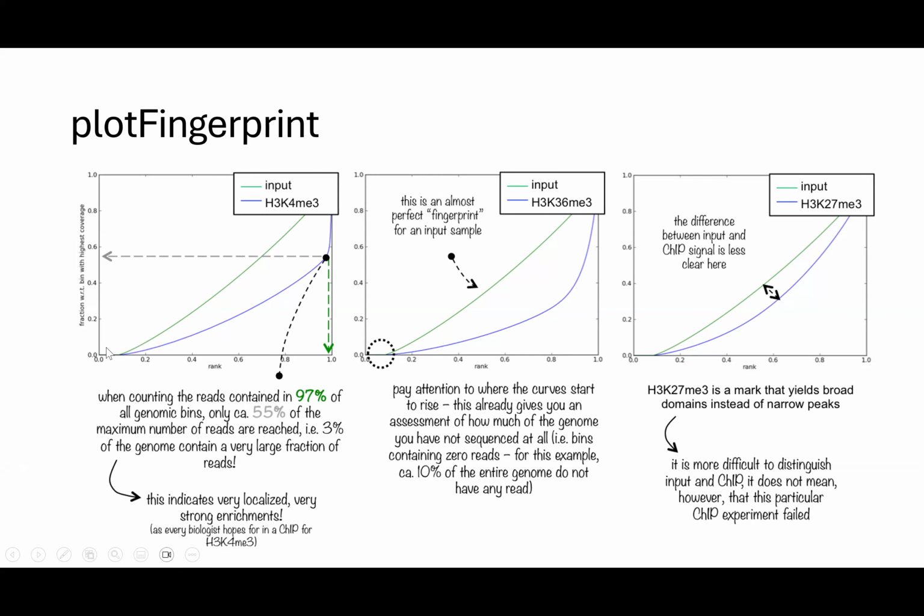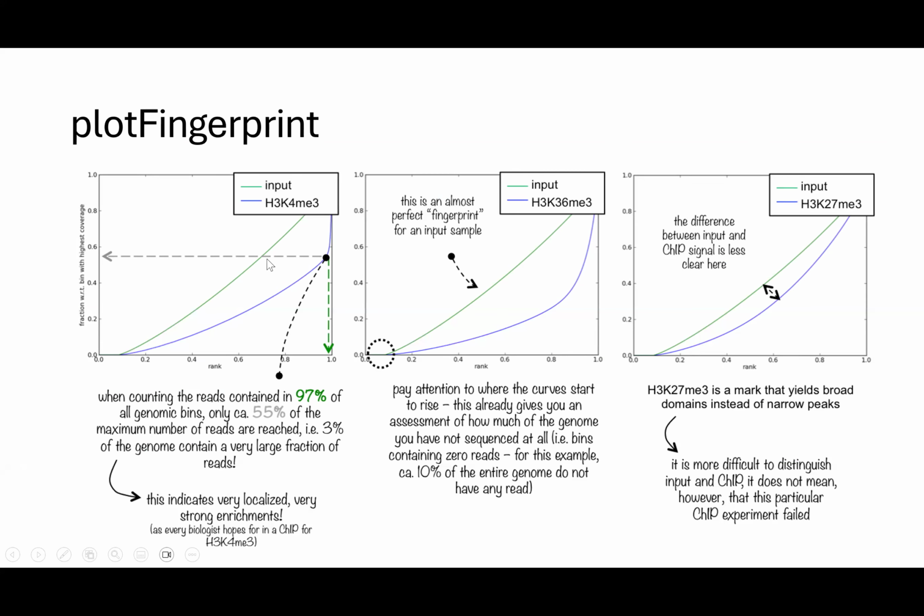If you have input, you assume that the reads are relatively evenly distributed across the DNA, so there aren't particular regions of the genome getting a lot of reads, which is why you have something relatively close to this diagonal. It's never going to be that close to the diagonal because some regions of the genome are relatively inaccessible by their nature, but it's fairly close.